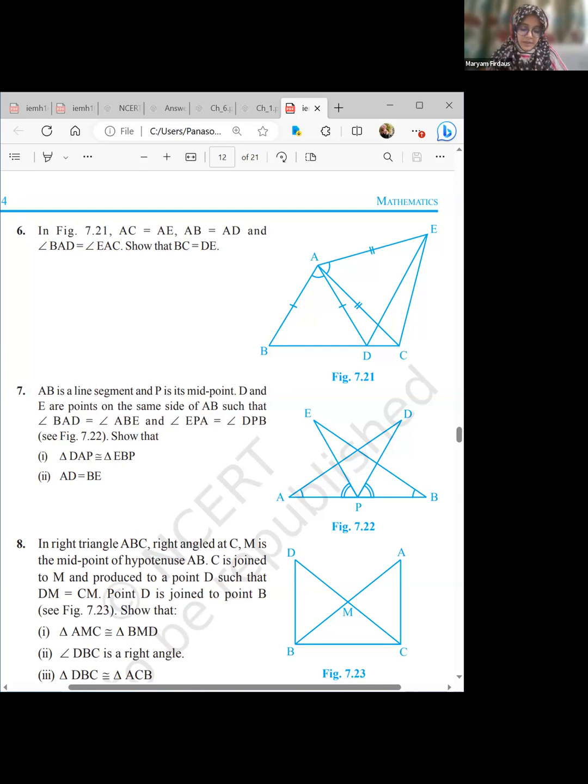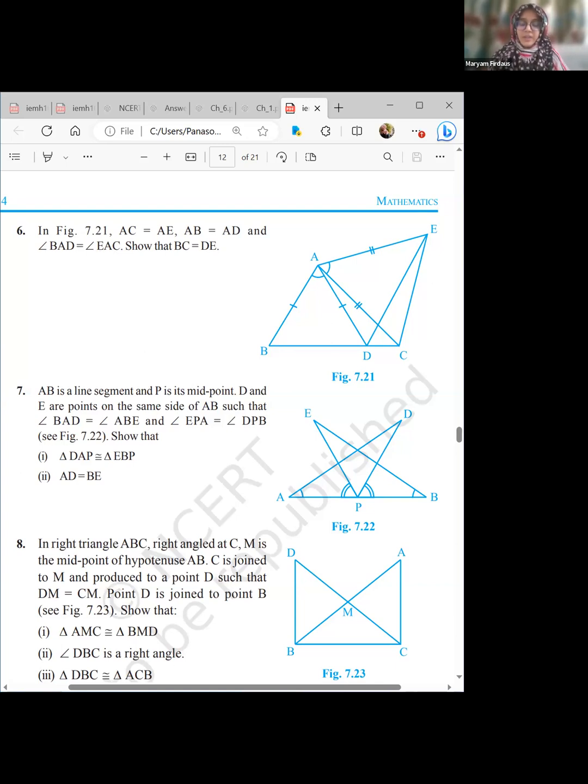If you want, we can just take these two triangles separately as well. Okay, this is one triangle. And this is the other triangle. AD is equal to EB. How do we know that? This is something we have to show. We have to prove it.